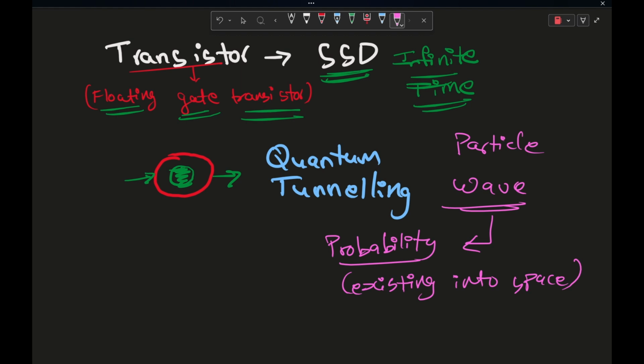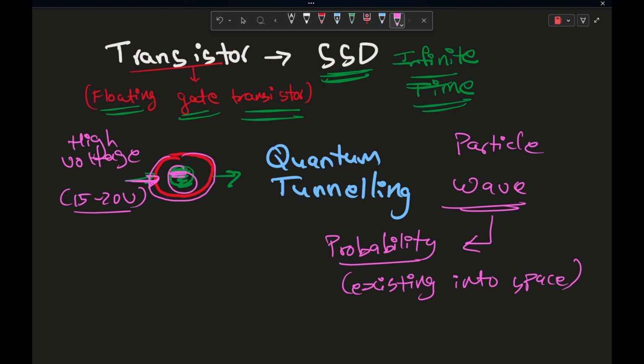So whenever a very high voltage, around 15 to 20 volts, is applied through this medium, the electron tunnels through this insulating medium, and it is trapped inside this conducting medium. This phenomenon is termed quantum tunneling. So the electron penetrates through this insulating medium, and it is trapped inside.